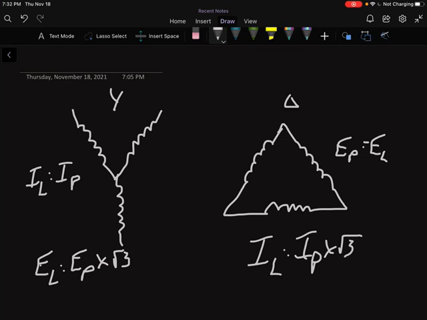So the two rules are flopped. It is also important to make sure that you can go back and forth between the two rules fairly comfortably, because as we build on these circuits, we are going to have resistive, capacitive, and inductive loads, and you're going to have them in either a Y or a delta configuration.